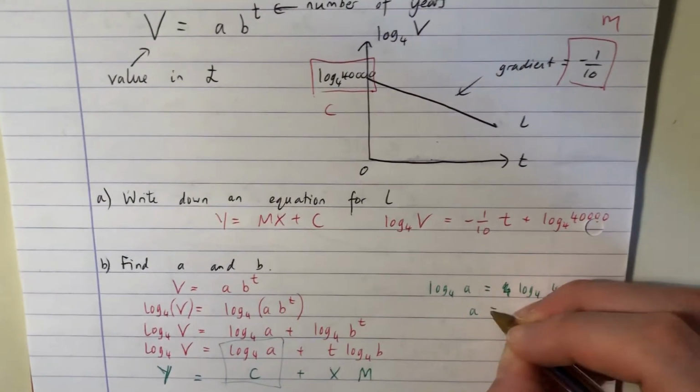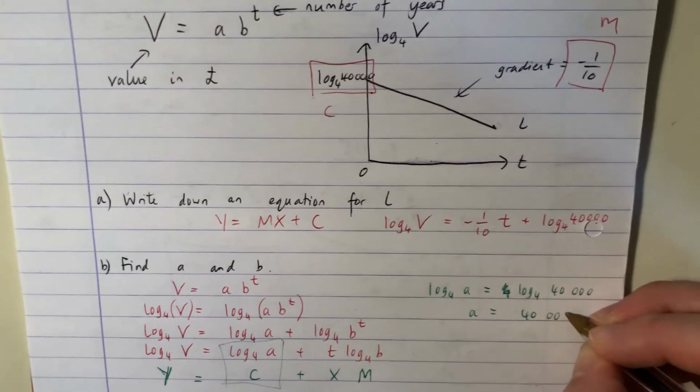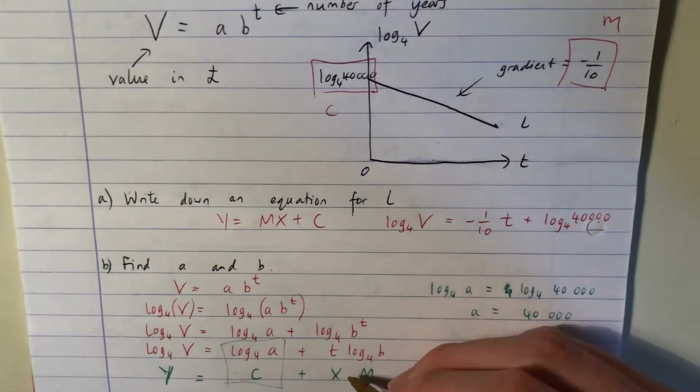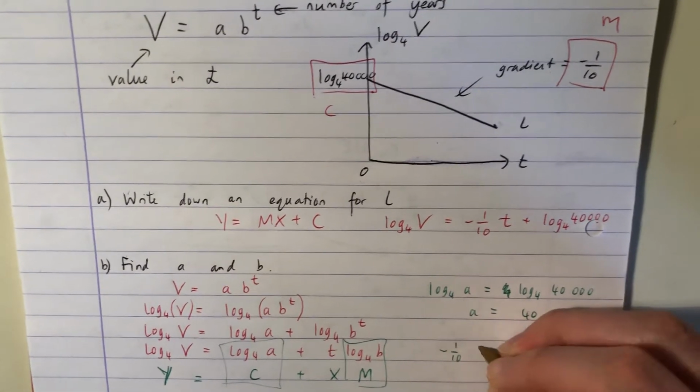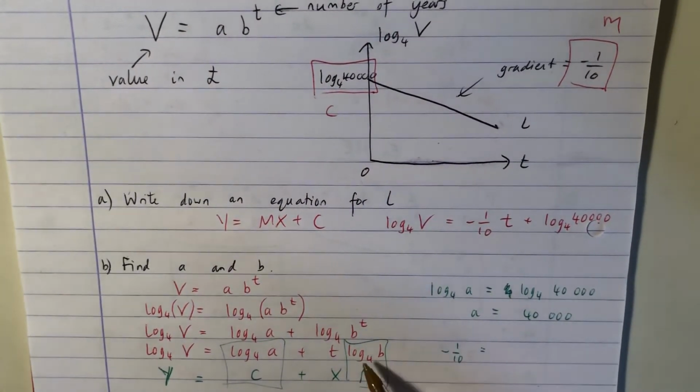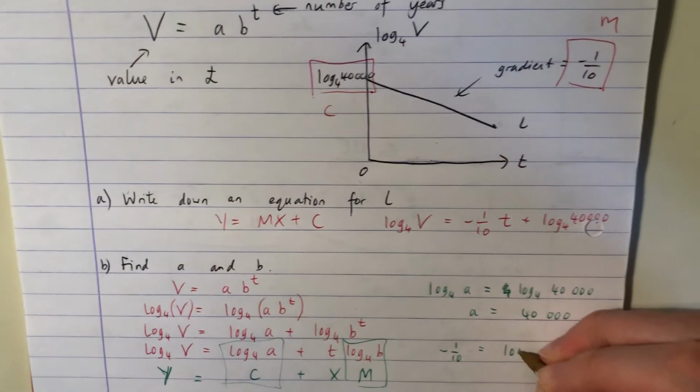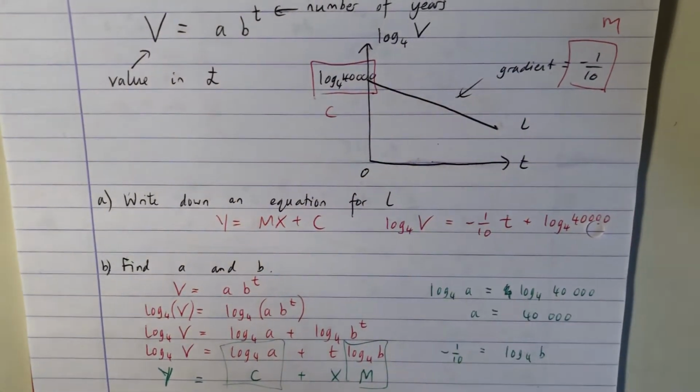In other words, a is equal to 40,000. And the gradient, which was minus 1/10, needs to equal log base 4 of b.